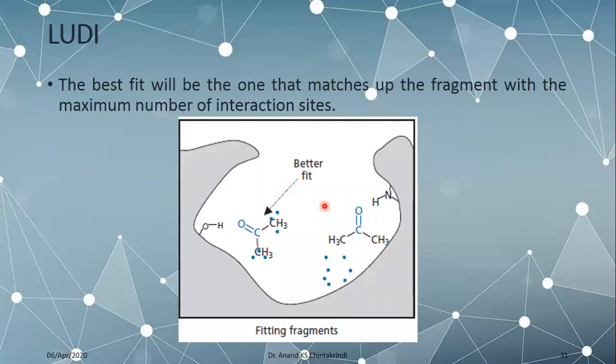Now, in the next step, the best fit will be determined. When placing the fragment, you have to see that it is not just inserting in the cavity, it should have a best fit. This is an example of a better fit, wherein if you are placing an acetone group here, the methyl groups are interacting with the hydrophobic sites, and the carbonyl is a hydrogen bond acceptor, which is fitting with a hydrogen bond donor in this case, at a suitable angle.